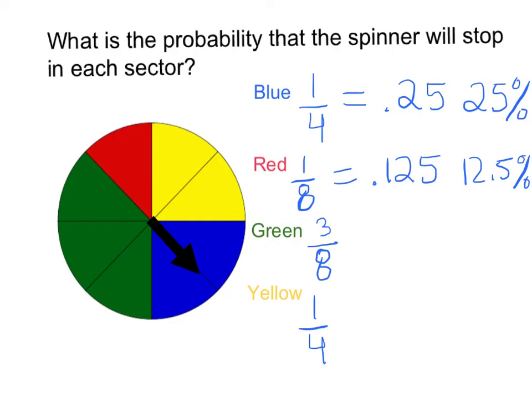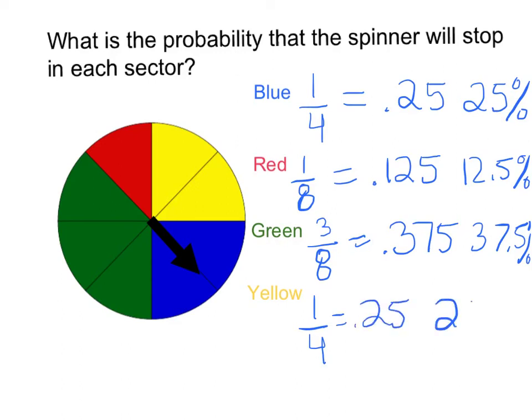Green is 375 thousandths, or 37.5%. And then yellow is the same as the blue, 25 hundredths, or 25%. So here, we are using the idea that this spinner is cut into eighths.